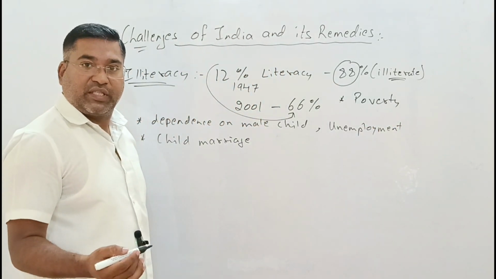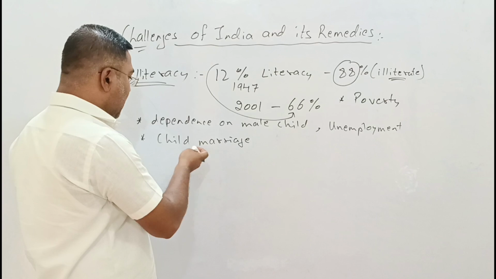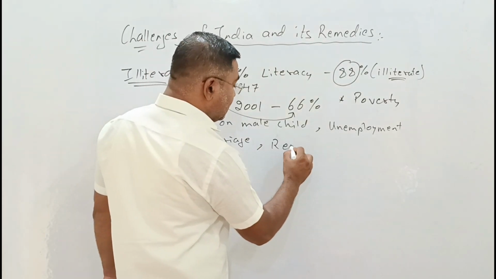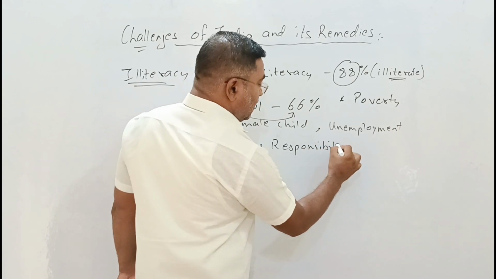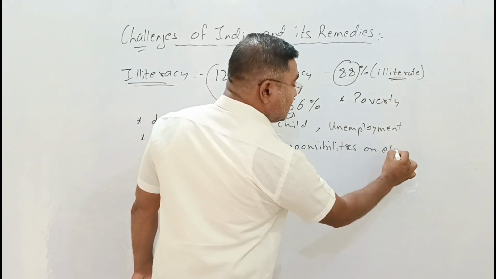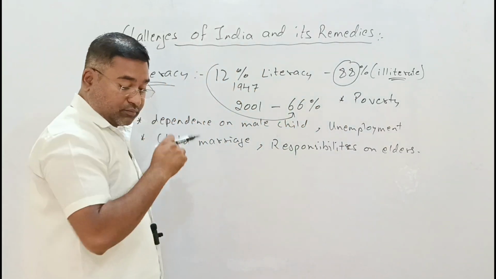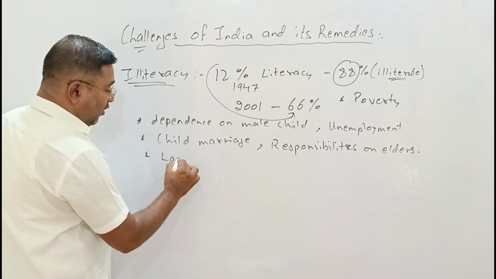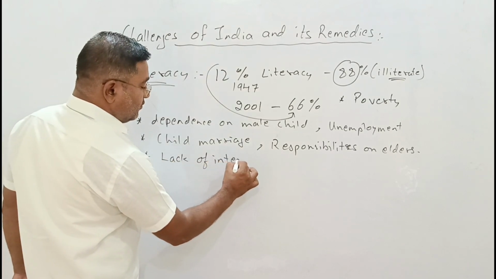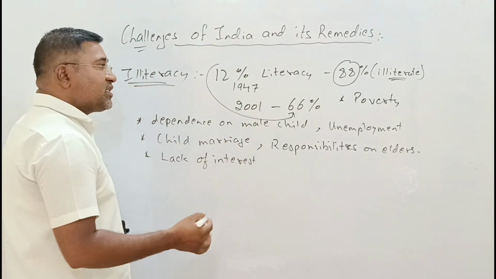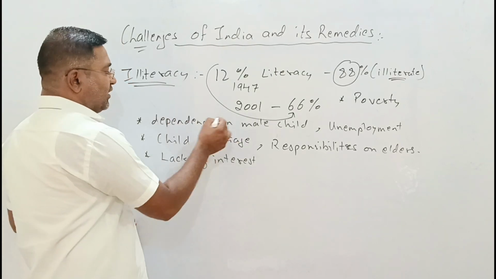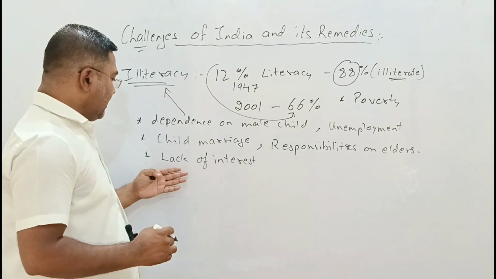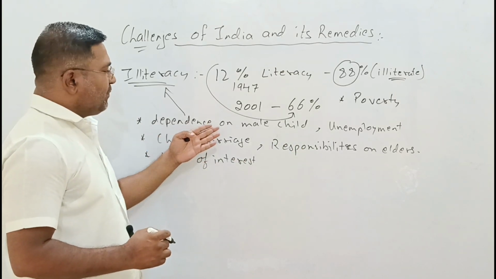Like poverty, unemployment, child marriage, dependence on the male child, responsibilities on elders, and moreover a lack of interest. These problems were responsible for illiteracy.